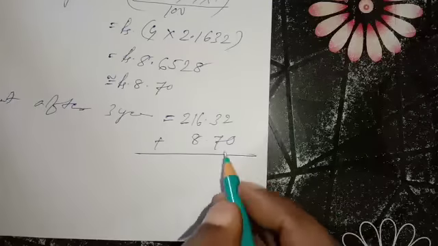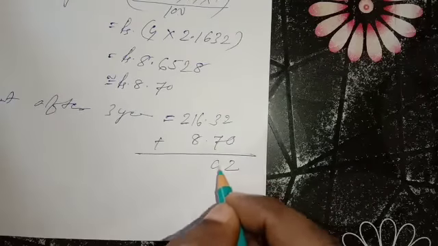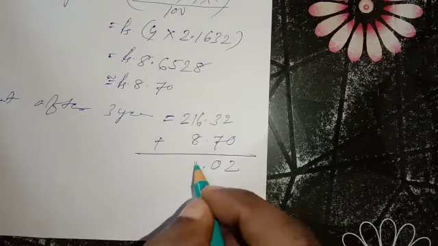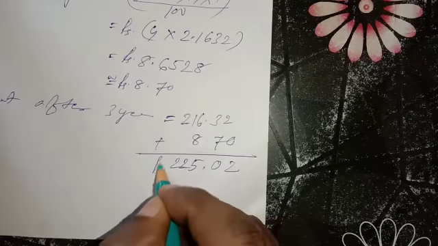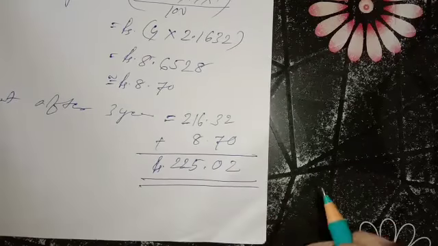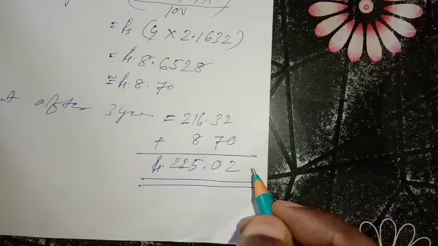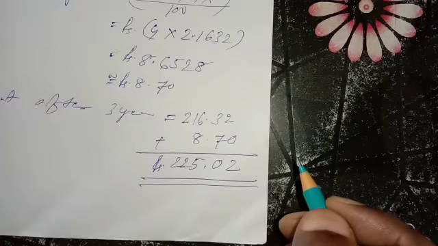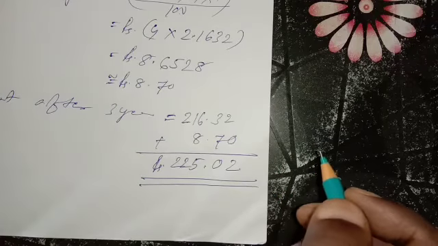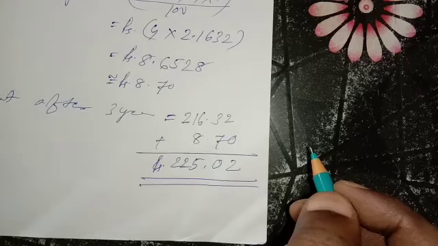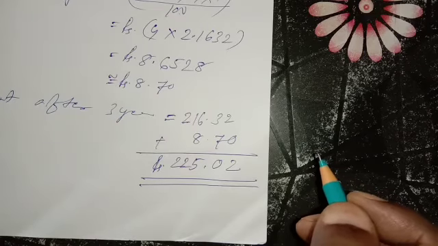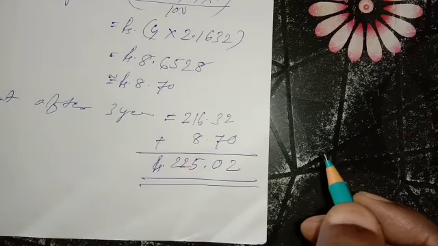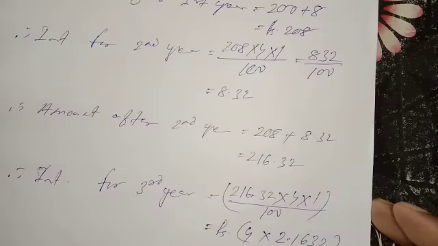Just add, it is coming rupees 225.02. Okay, this is the answer of number 1. You have to apply the step by step method for the first exercise, Exercise 2A. Question number 1, first part completed.